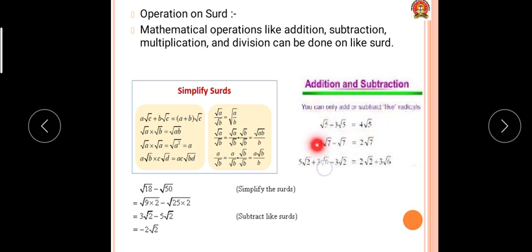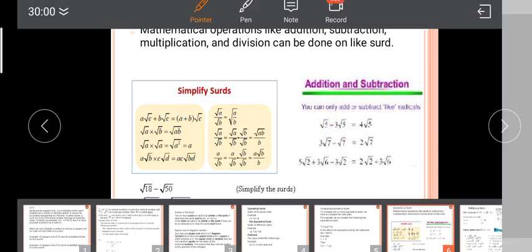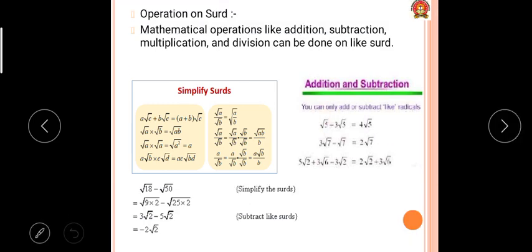See here, for example, addition: root 5 minus 3 root 5, this is a subtraction. See here, what will come? Root 5 plus, it is not a minus. Students, this is a plus sign.